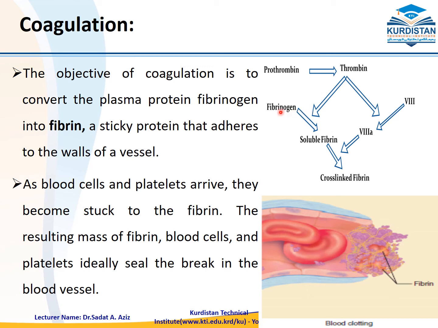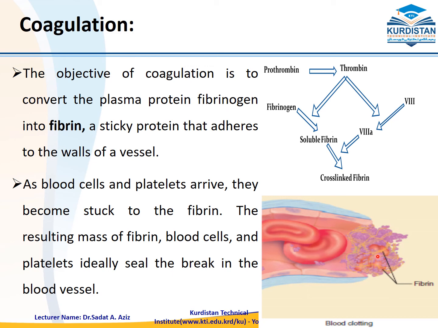At first, the thrombin can activate fibrinogen or convert fibrinogen into soluble fibrin. And then also the thrombin can activate factor 8, and the activated factor 8 leads to what? Lead to the conversion of soluble fibrin into cross-linked fibrin.